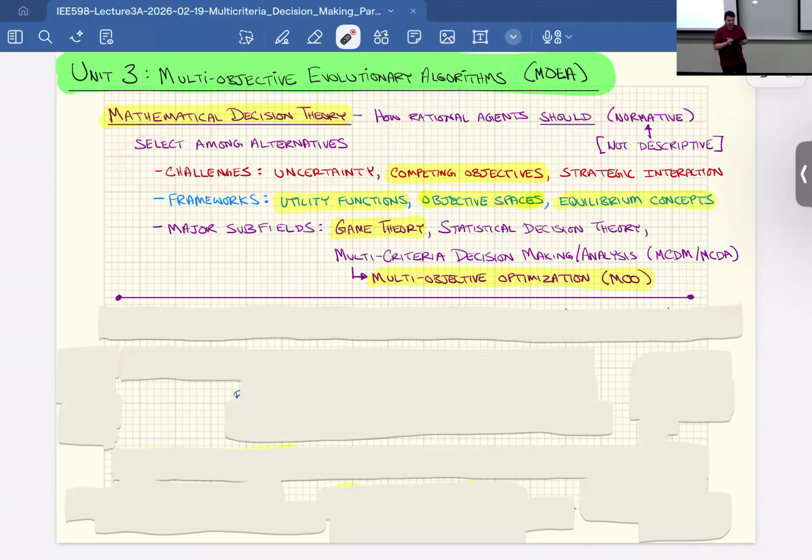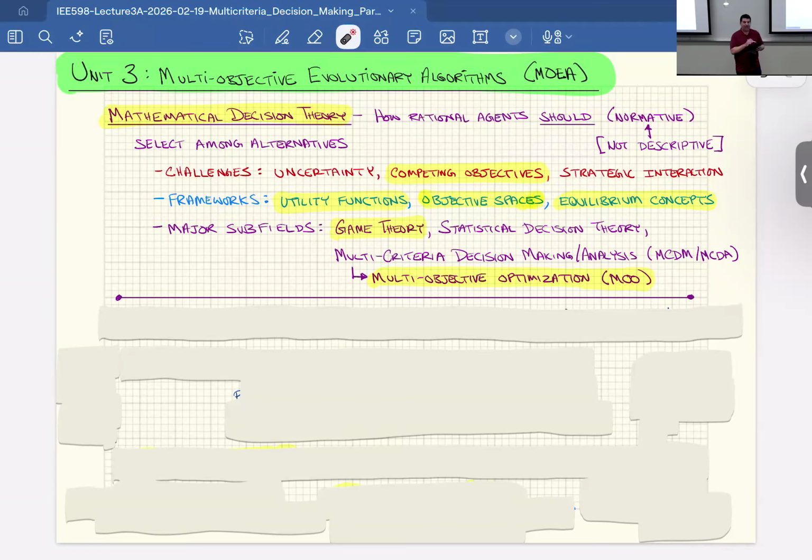I say should; this is a so-called normative framework. It is not descriptive. A lot of you might have heard about behavioral economics and things like that. Those are frameworks which borrow a little bit of this, but those describe how real decision makers do make decisions under neurological and psychological constraints, and so on. This is what decision makers should do if they were truly rational, if they were unconstrained.